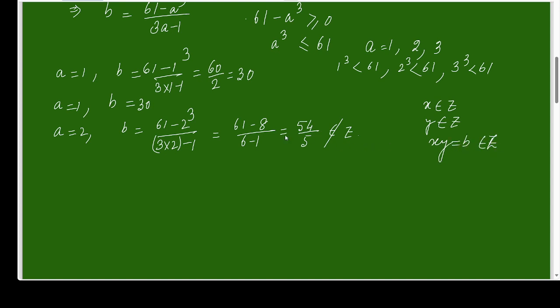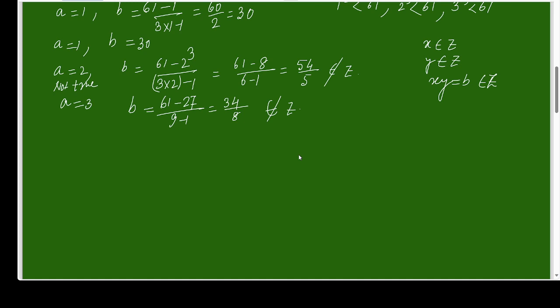Here I am getting a rational number which is not an integer, so a equal to 2 is not a solution. In the same way, a is equal to 3 will not work. So 61 minus 27 over 3 times 9 minus 1, I get 34 by 8. Again, this is not an integer.